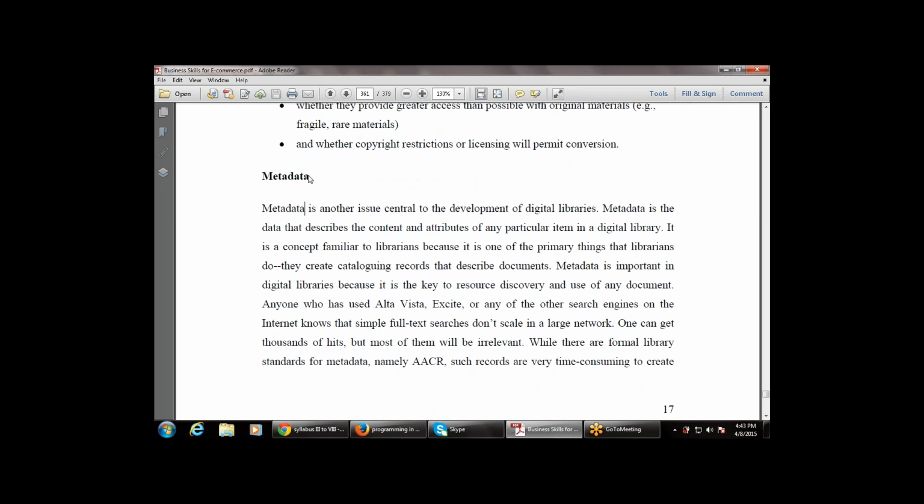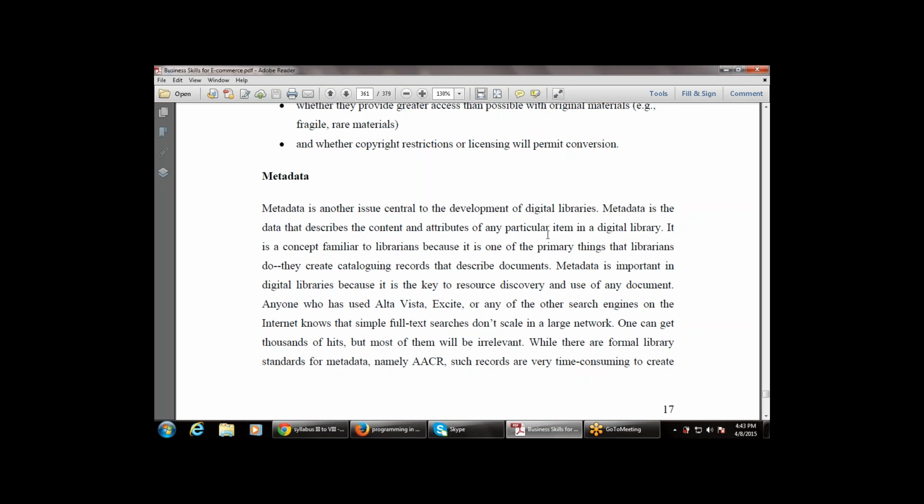And then metadata, which is also known as data about the data. Metadata is another issue that is central to the development of digital libraries. It is a very crucial issue, very common to the digital library. Metadata is the data that tells about other data.